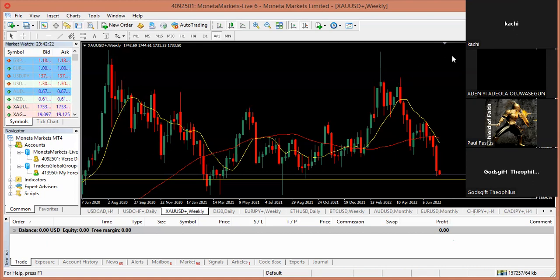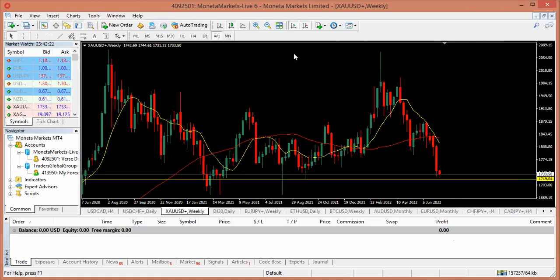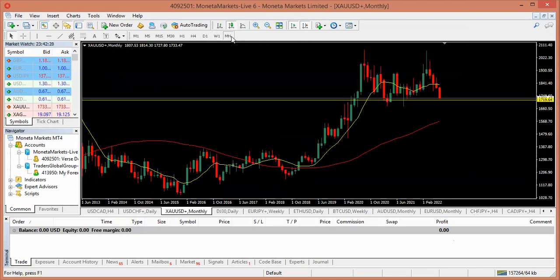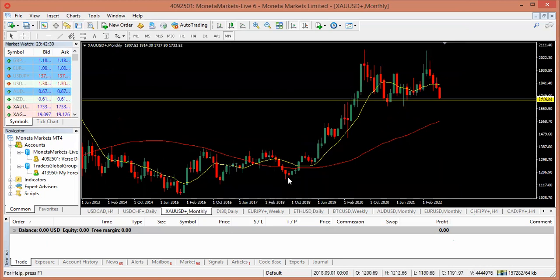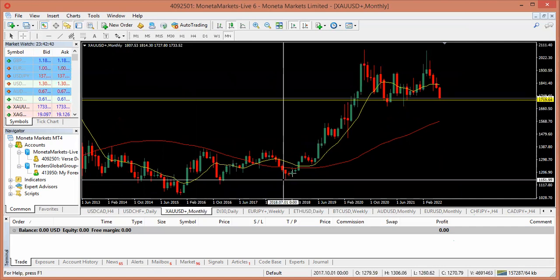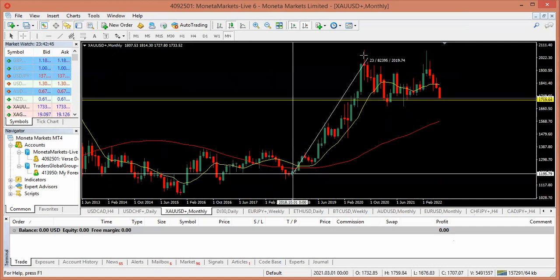Now, what do I mean? Let us go to monthly. Remember, we are still on gold. From where my mouse is right now, from here to here, did the price go up or the price came down?